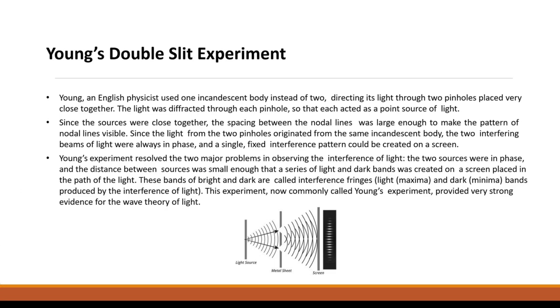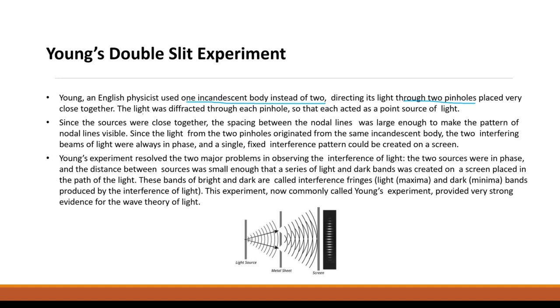So Young's double slit experiment, he was very clever in addressing some of the problems. He used one incandescent body instead of two, which addressed the problem of the random nature of two light sources. And he directed its light through two pinholes placed very close together. And so then what happened, we've seen what happens when waves go through apertures.